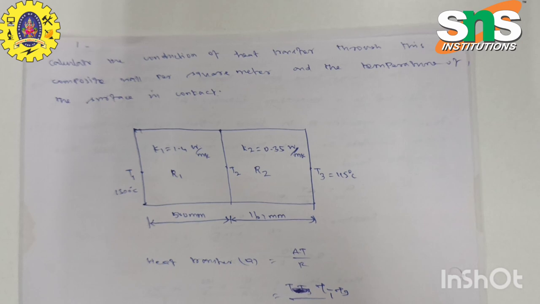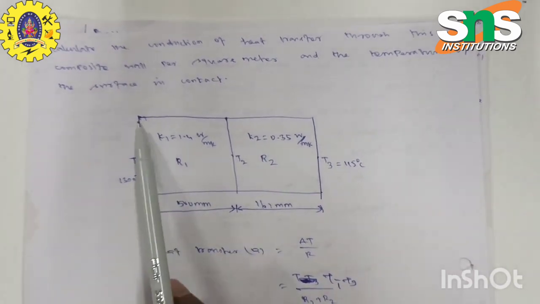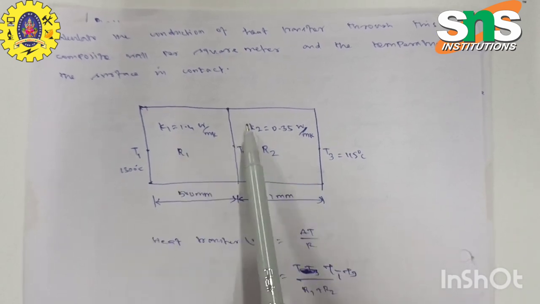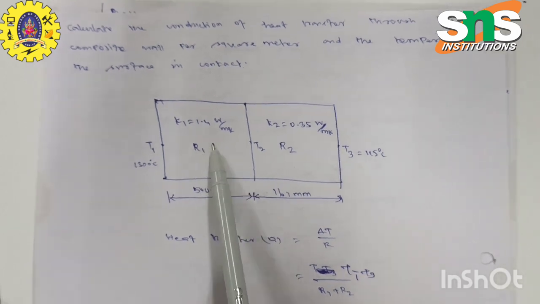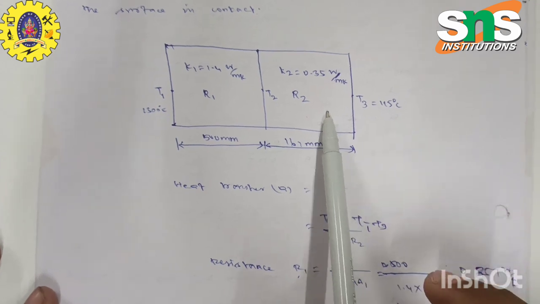So in this problem, we consider a composite wall. This is layer 1 and this is layer 2. Here we are indicating the properties of layer 1 and here the properties of layer 2.